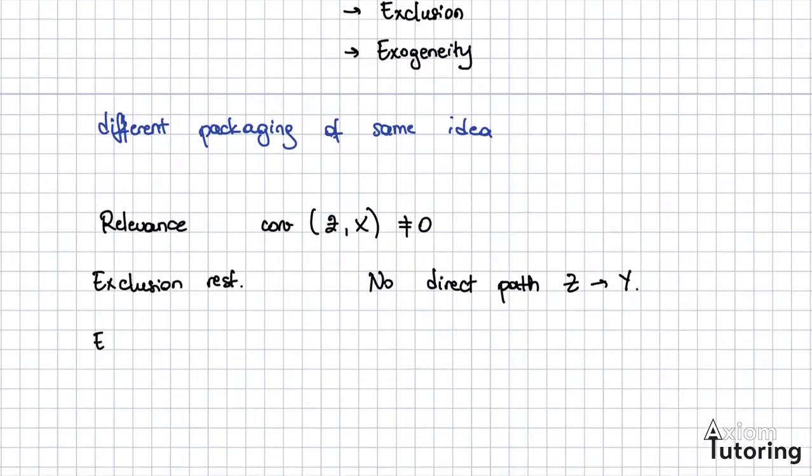And then you've got the exogeneity, again, also called validity or independence, however you want it, where we write the covariance of Z and the U term being equal to zero.